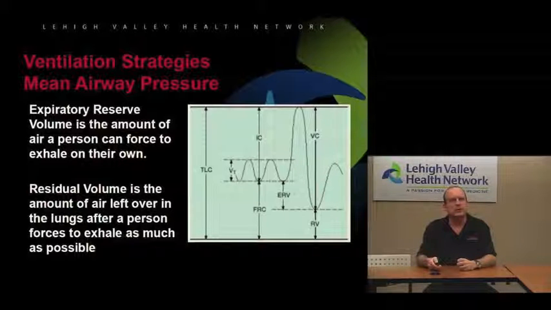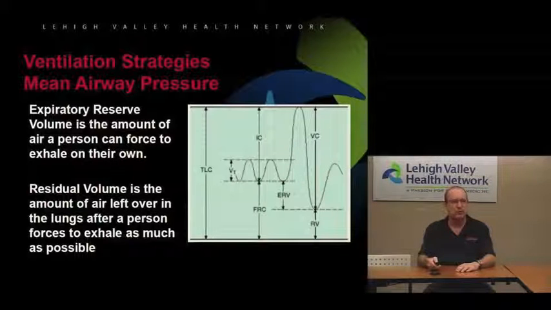Your functional residual capacity is just a combination of your expiratory reserve volume, and that's the amount of air that you're actually able to blow out when you forcefully blow out. So you would normally exhale, and then you blow out every last bit that you possibly can on your own. Well, that's your expiratory reserve volume, that last part that you're forcefully blowing out.